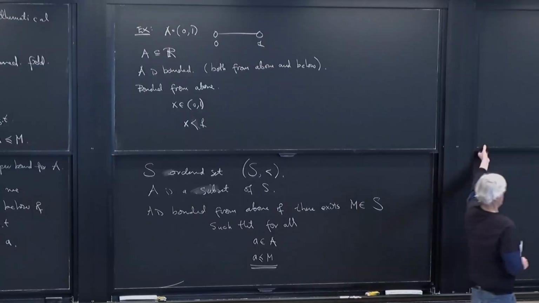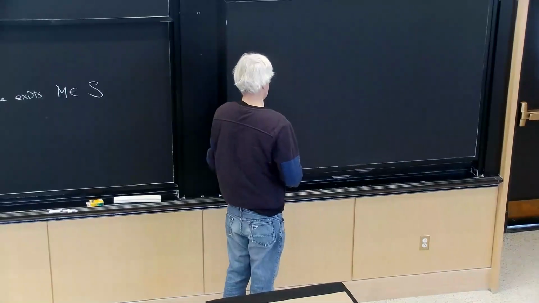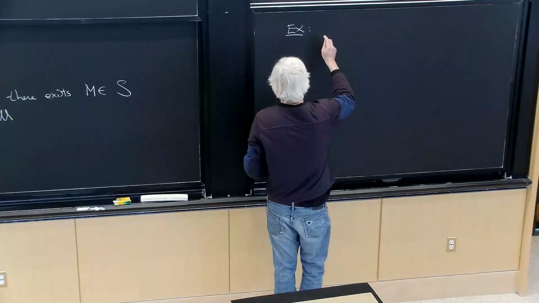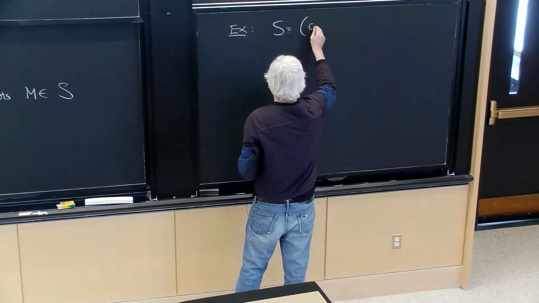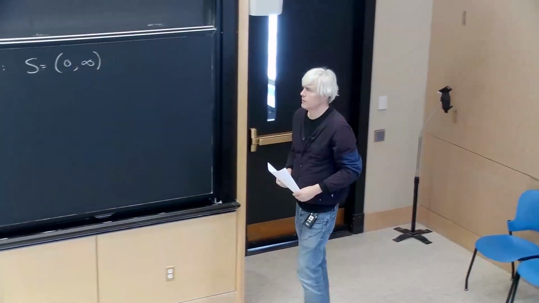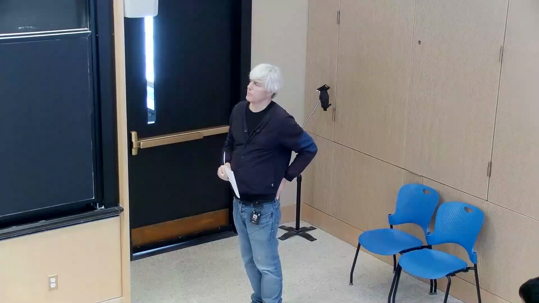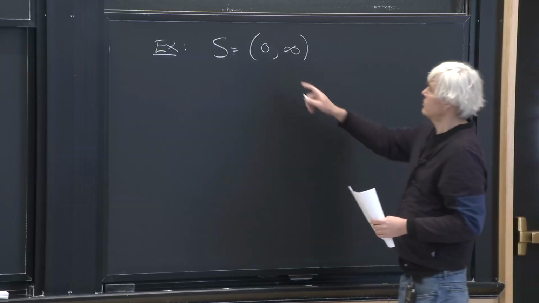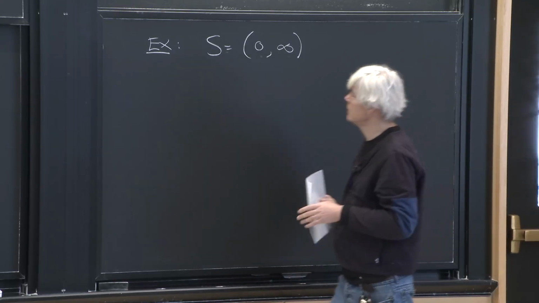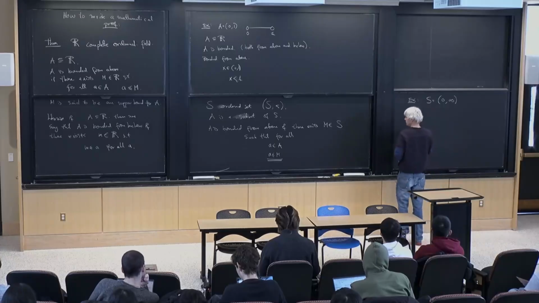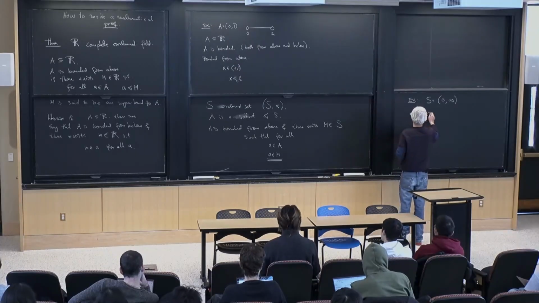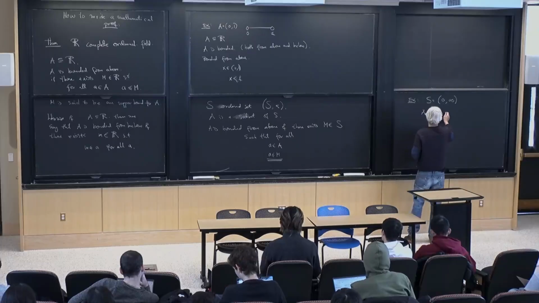And so here's an example, which maybe is counterintuitive: if S here is the half line, so it's all the real numbers between say 0 and infinity, and then A here is a subset, 0 to 1.